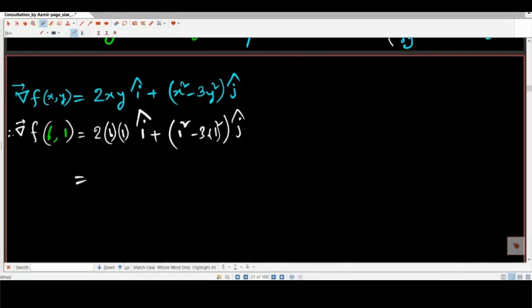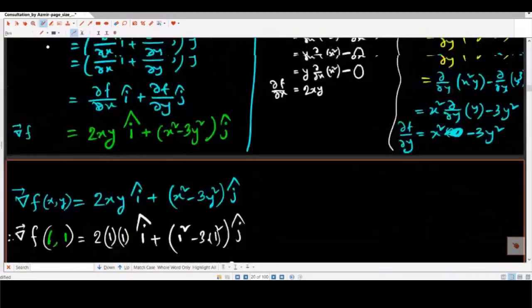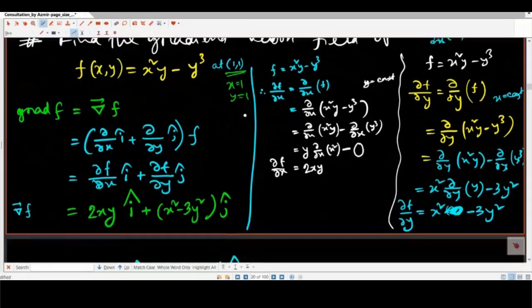So we are getting 2 times 1 times 1, 2i, plus 1 minus 3, j. So 2i minus 2j. So this is the gradient of f at the point (1, 1). This is how we can find the gradient at any point. This point can be (1, 2), then x equals 1, y equals 2. So we can find the gradient.